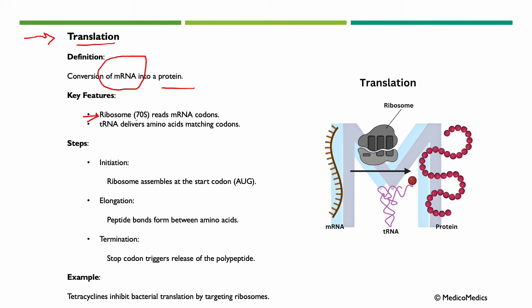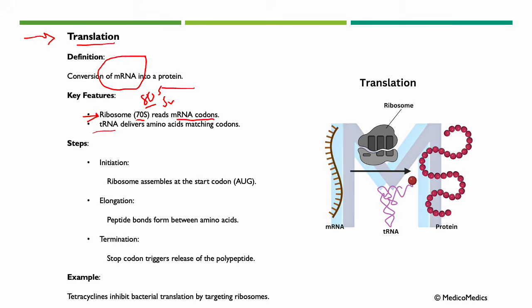And the ribosome 70S, or S, if you remember from previous lectures in this series, stood for Svedberg unit. So 70S in bacteria, remember we're talking about bacterial cells now. If it's eukaryotic cells, we would say 80S. Okay? So in bacteria, ribosome 70S facilitate translation by reading mRNA codons.